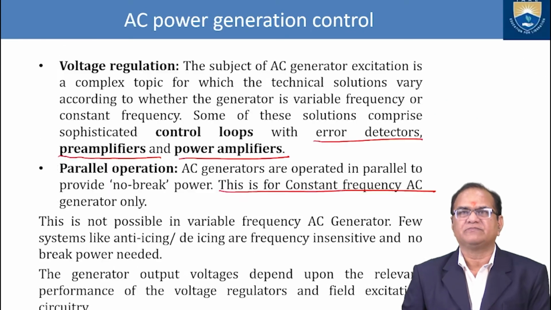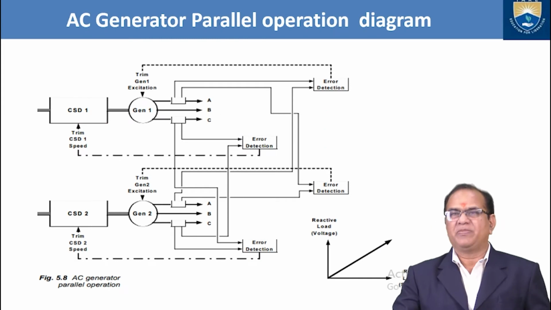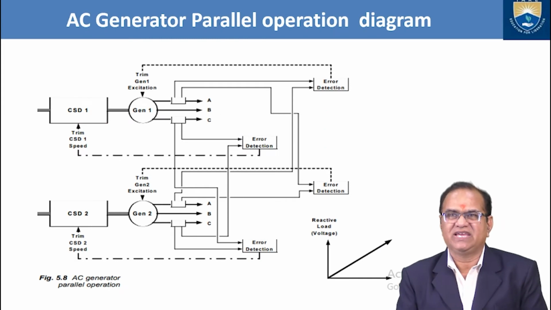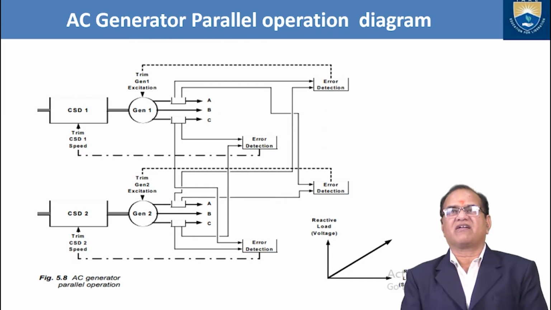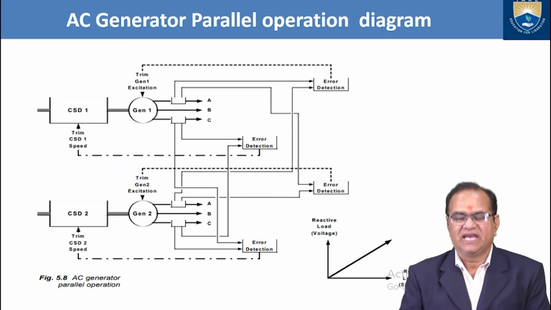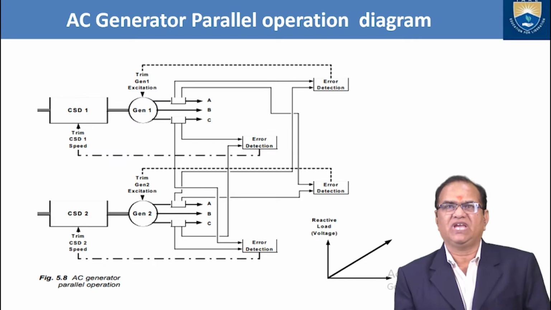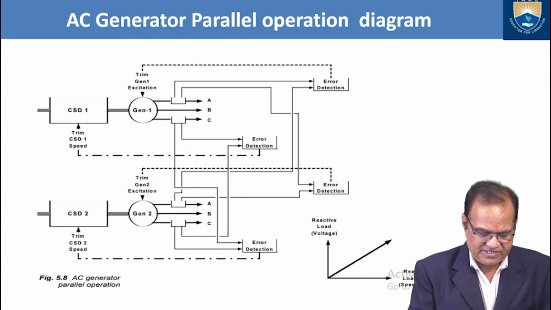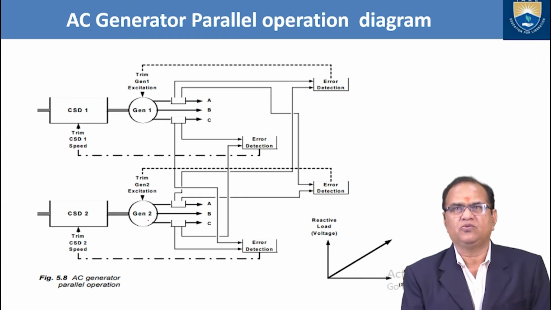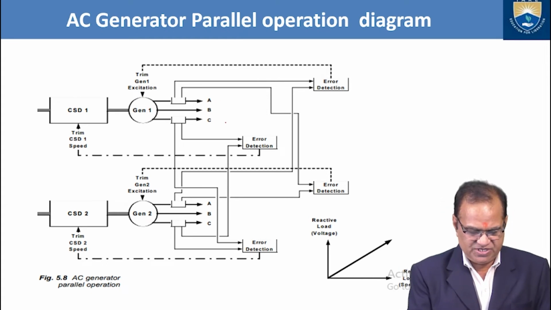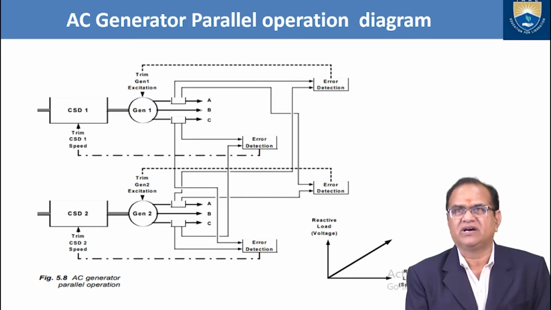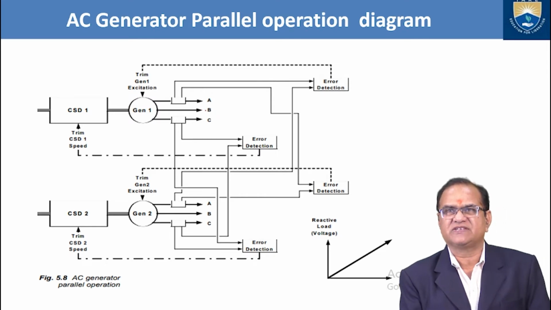But if you compare, this one is very complicated compared to the previous one. Here also we have generator 1 and generator 2. From here it goes A, B, C, which may be the three phases.